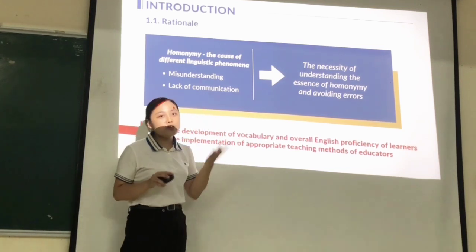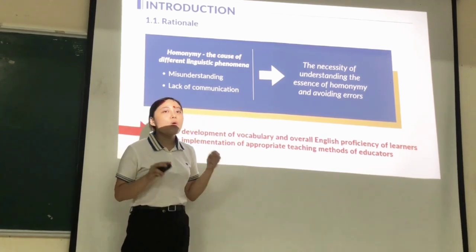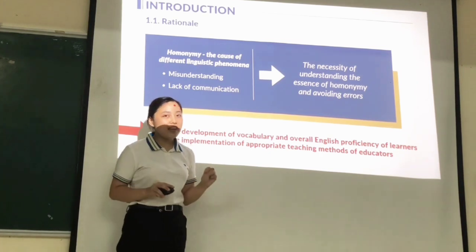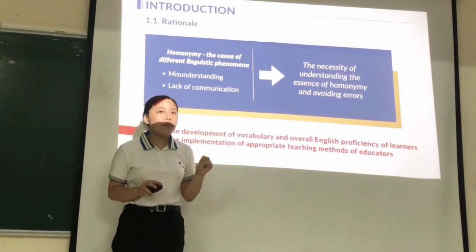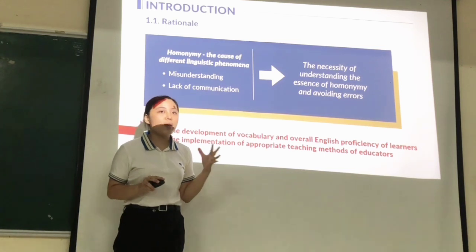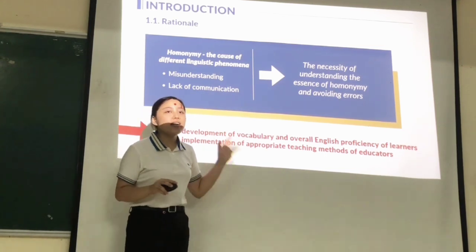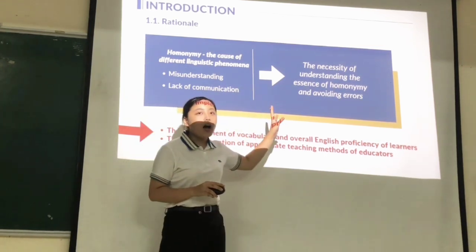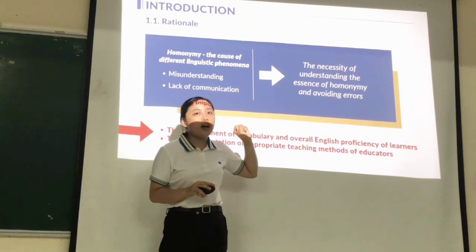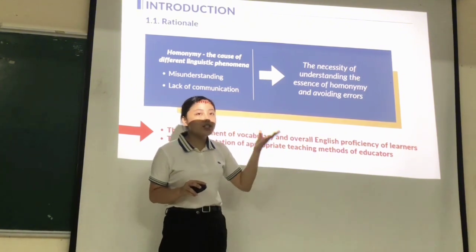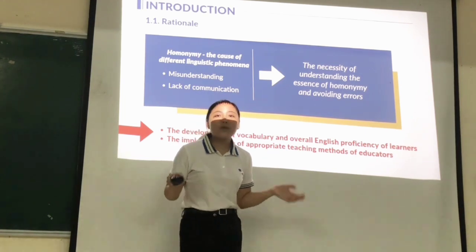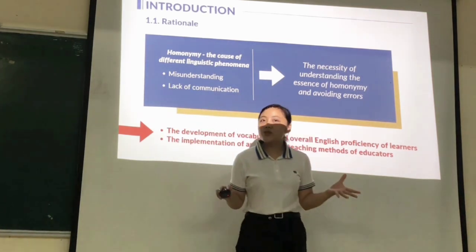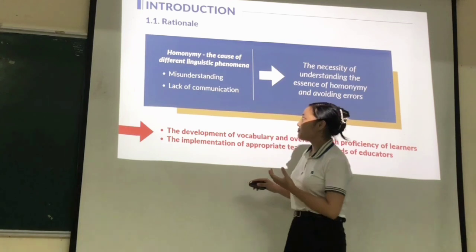As future English teachers, we are aware of the necessity of understanding the essence of homonymy and avoiding errors caused by it, for the development of vocabulary in particular and English competence of learners, as well as the use of appropriate teaching methods by educators in general. So this is what motivated us to conduct this study.